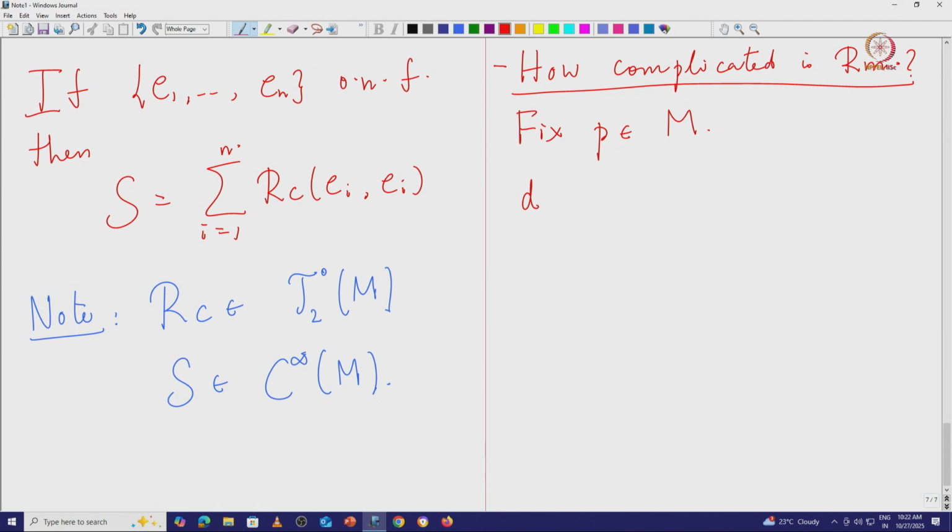So d of Rm, this is the number of independent components.